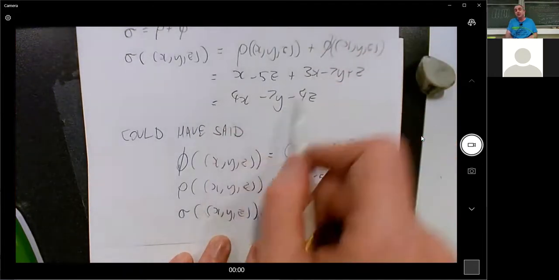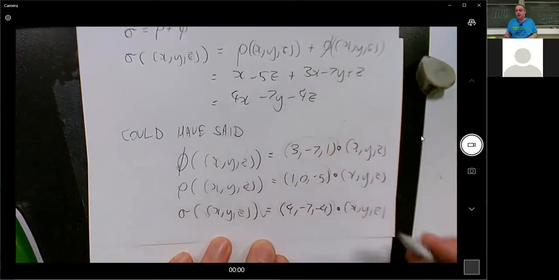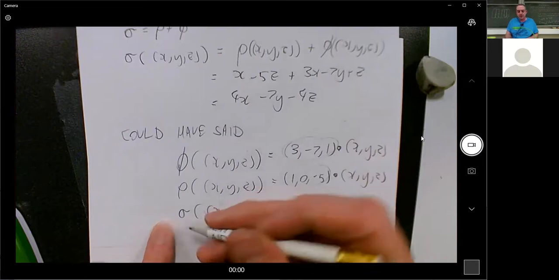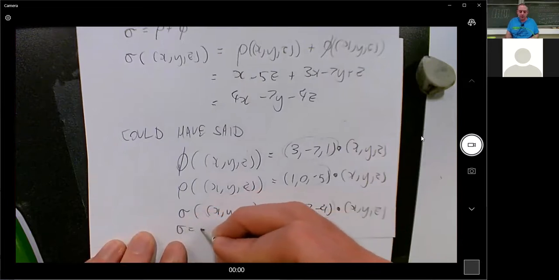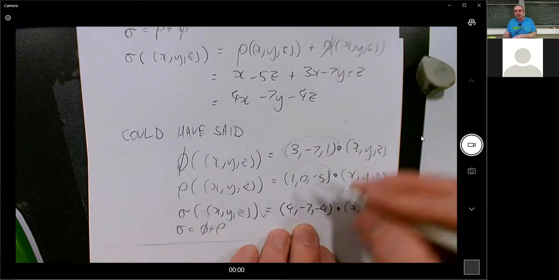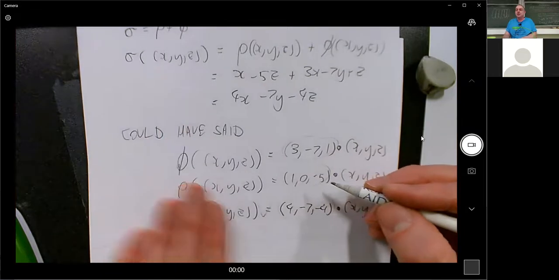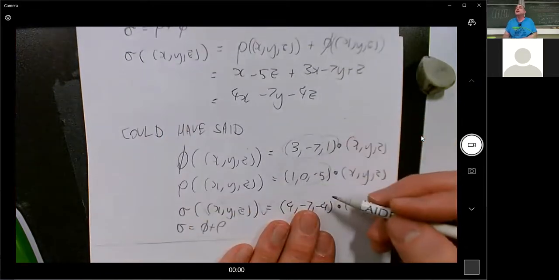The coefficients of x joined together and the coefficients of z joined together and the coefficients of y joined together. And so to get sigma, which was phi plus rho, this vector is that vector plus that vector. And so adding functions here is the same as adding vectors there.